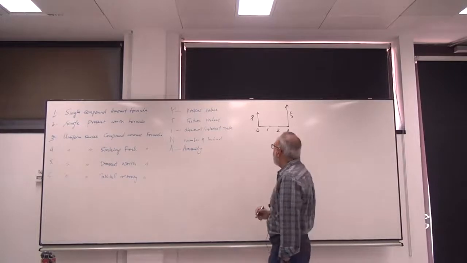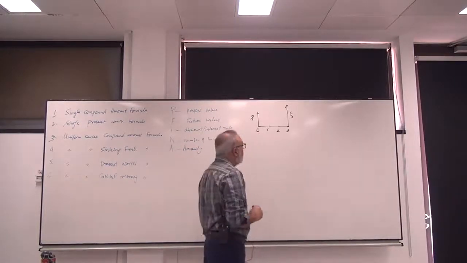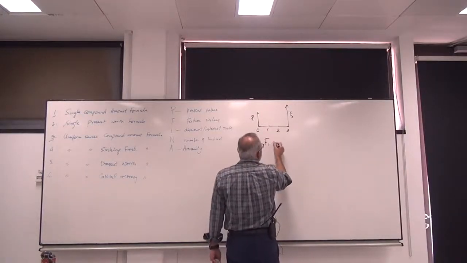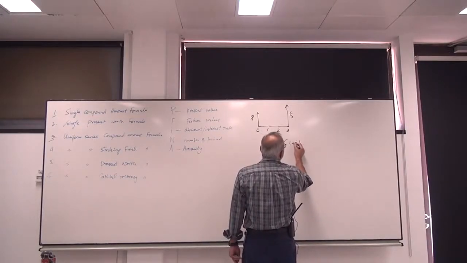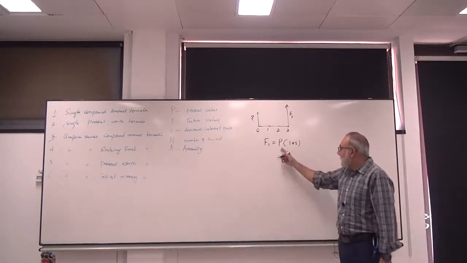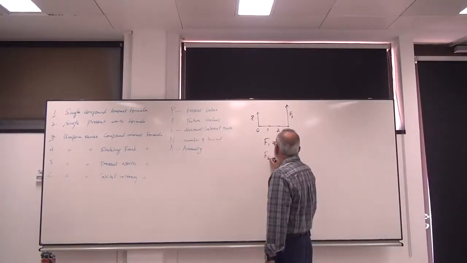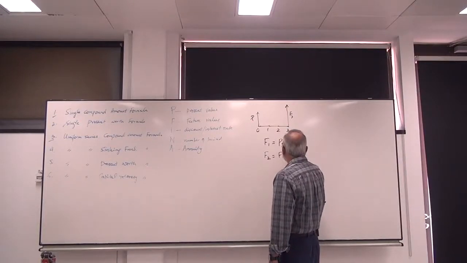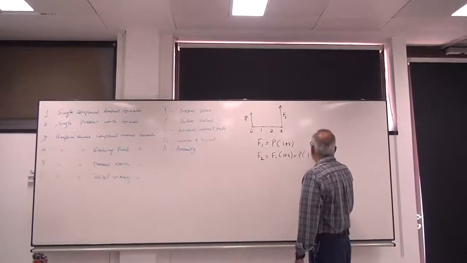So the single compound amount formula says that if I is the interest rate, then F1 is equal to P into 1 plus I. After 1 year, your P will become P into 1 plus I. And after 2 years, this future value will again be multiplied with 1 plus I, so this becomes P into 1 plus I squared.